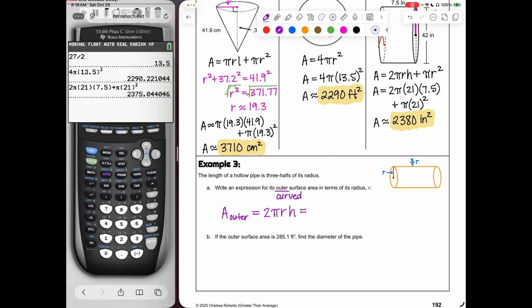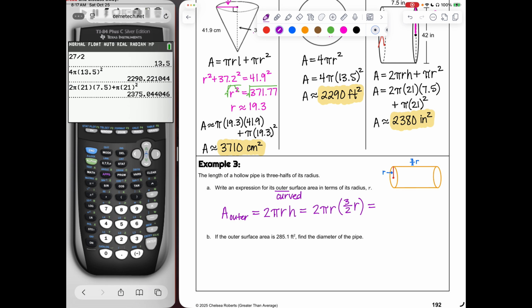So if I substitute that information in, I'm going to have 2 times pi times r times the height of the cylinder, or the length of it, which will be 3/2 times r.